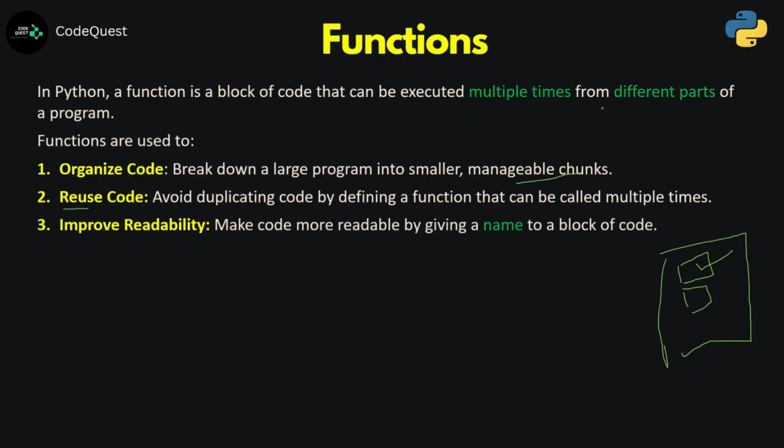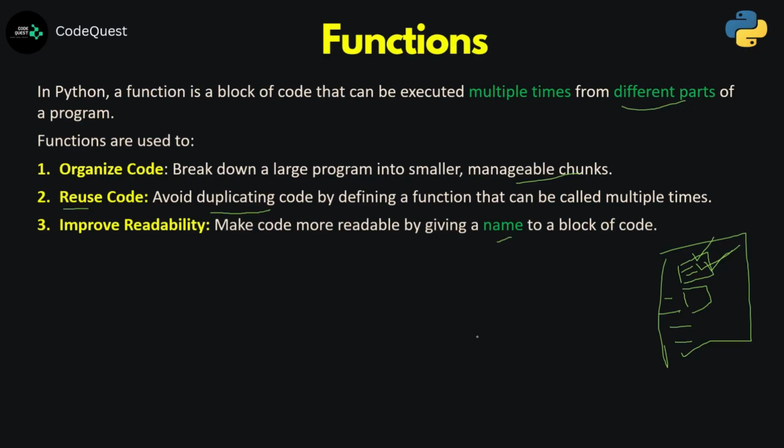Like we said, we can call it in different parts of the program, so we can avoid writing the same statements time and again. Once I have written a block of code or a function, I can use it anywhere in the program by calling it multiple times. It improves readability because after I write the block of statements, I give a name to it, so this entire block of statements is identified by a specific name.